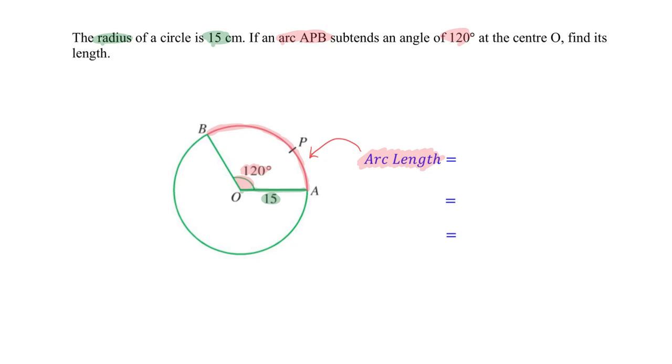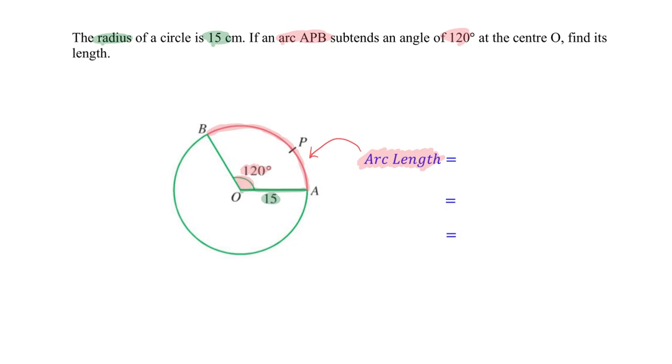Well, now since we have 120 degrees, then 120 degrees over 360 degrees will give me the fraction or the proportion of this arc length out of the whole circumference.